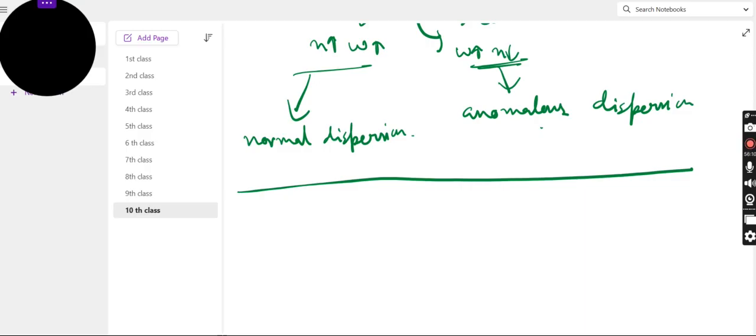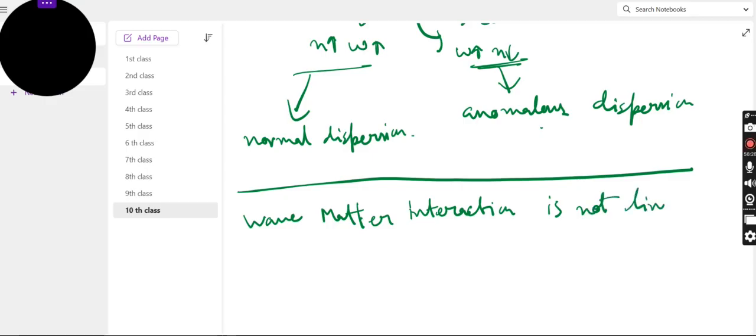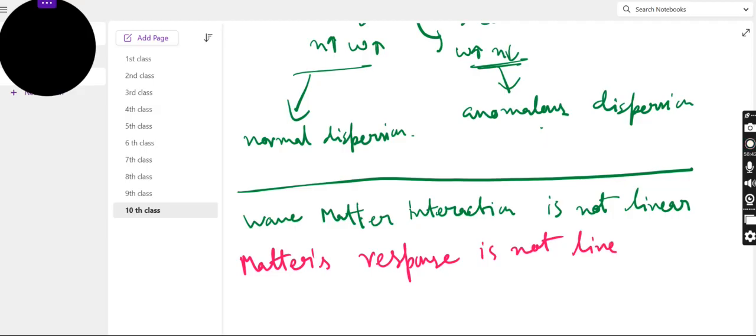But now we need to go where the interaction is not linear at all. That means the matter's response is not linear.